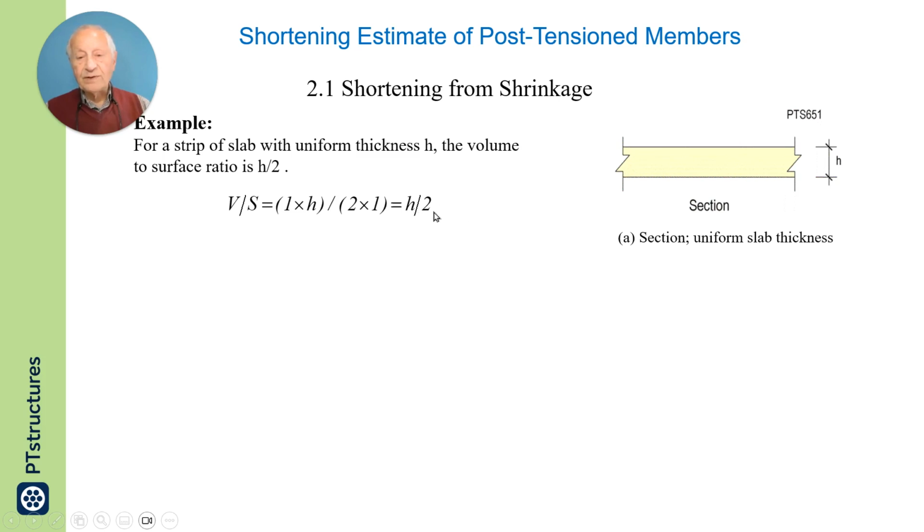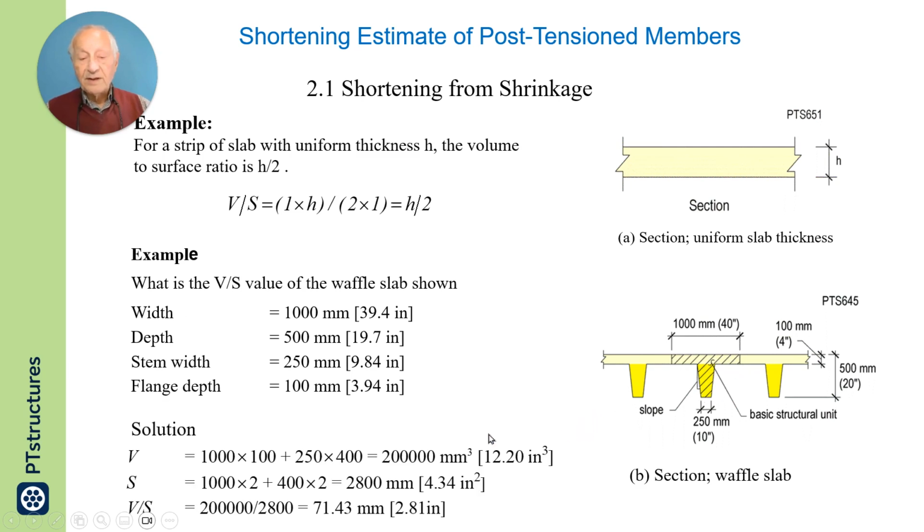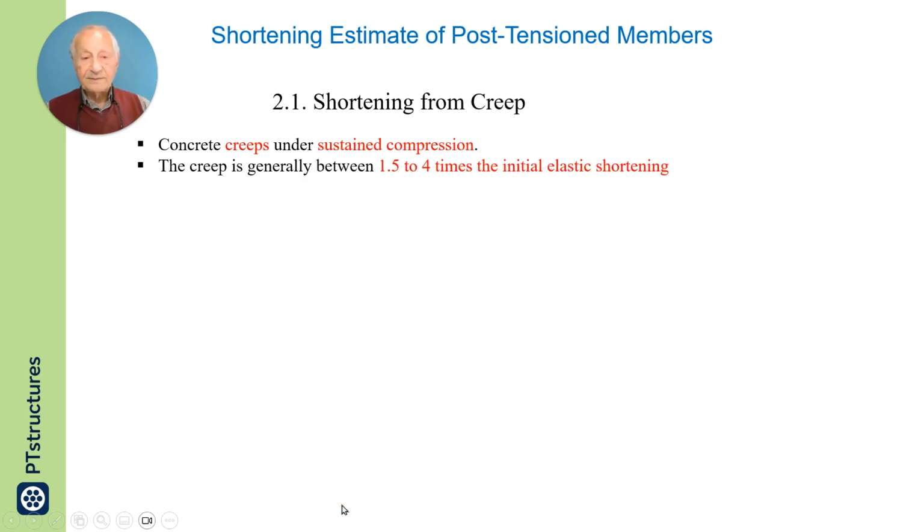So it will be H over 2. Now, in this case, the volume to surface ratio will be a little bit different. Volume is the hatched area. These are the dimensions. And the surface will be the perimeter around it. So the volume is the hatched area, the surface the perimeter, and the volume to surface ratio will be this.